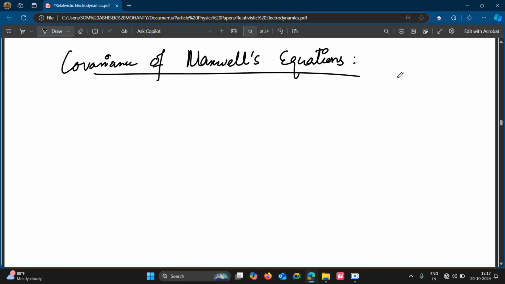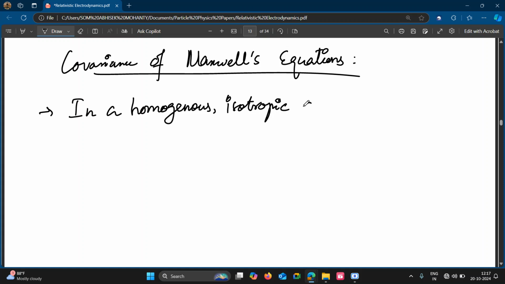Covariance of Maxwell's equations. So, in a homogeneous, isotropic, non-dispersive medium, Maxwell's equations will be what?